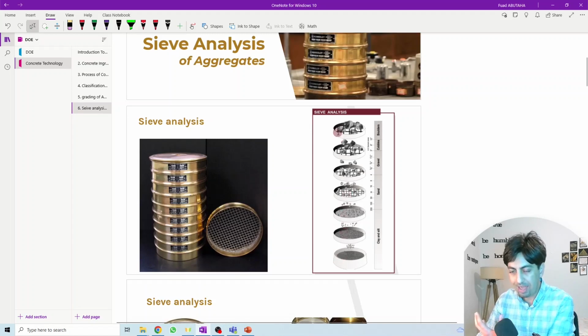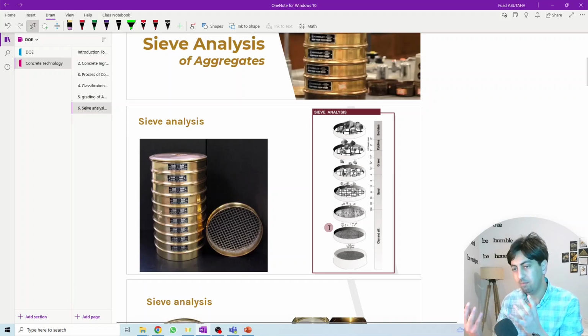So it is arranged from the bigger sieve size to smaller and smaller until, at the end, we have a pan with zero diameter. In general, this is to know how much of the particles is retained on each sieve.